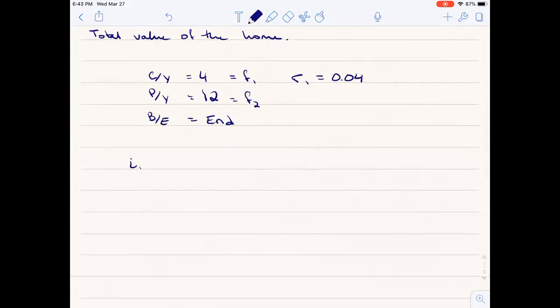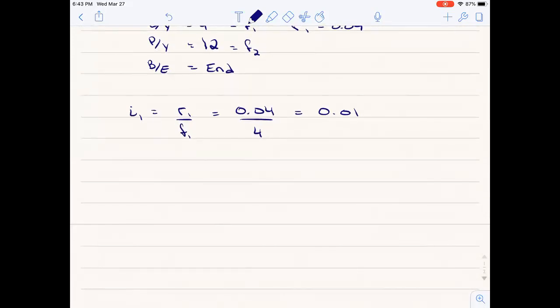I1 is R1 over F1, which is 0.04 over 4, which is a nice 0.01. Then before we can do any calculations, we also have to find I2.